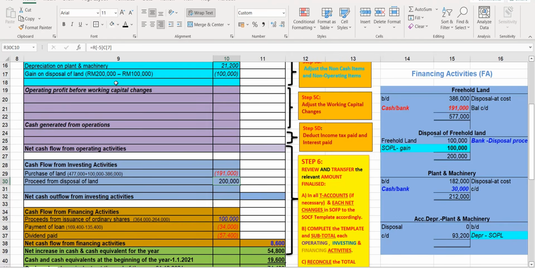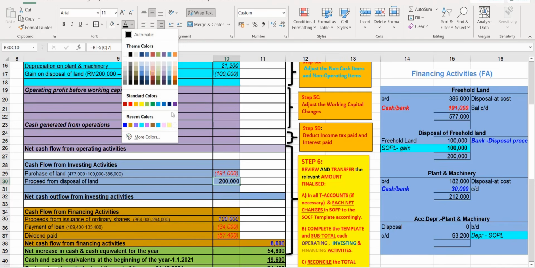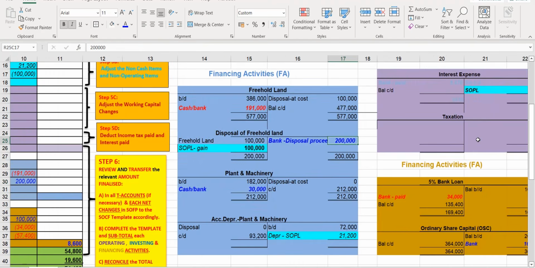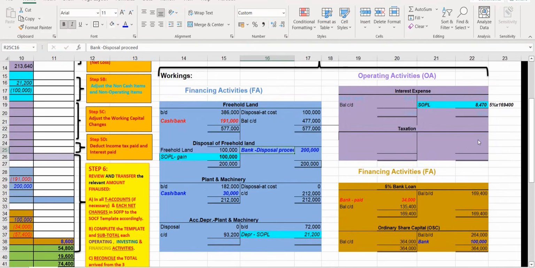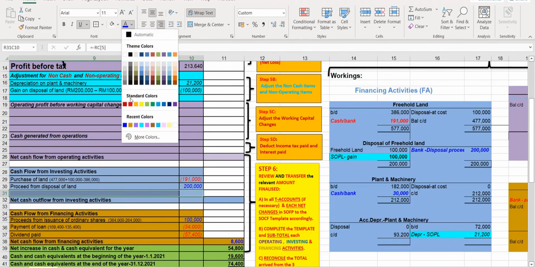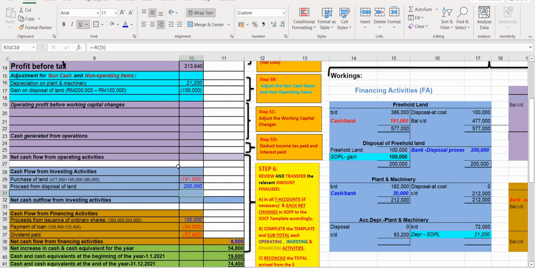200,000 from the disposal of land, and disposal of land is a cash receipt. Remember the one in blue here, the one that we have just calculated, and I put the same color here. And the plant and machinery that were acquired is an outflow, so I put the color here to be red.